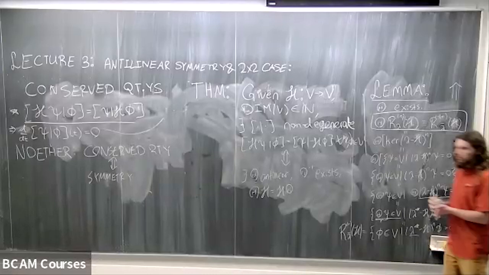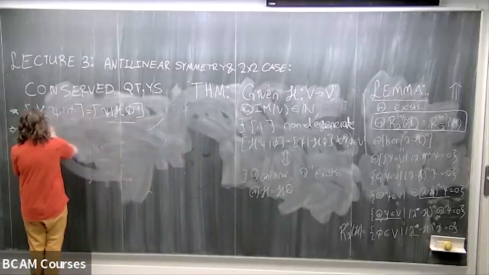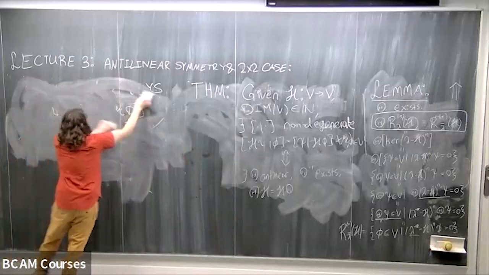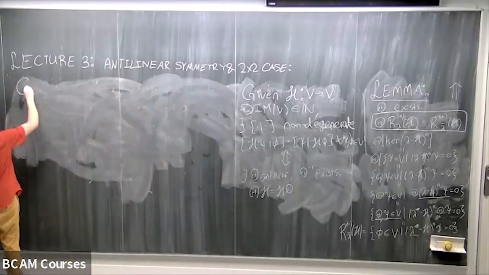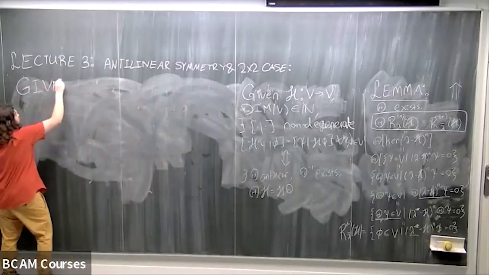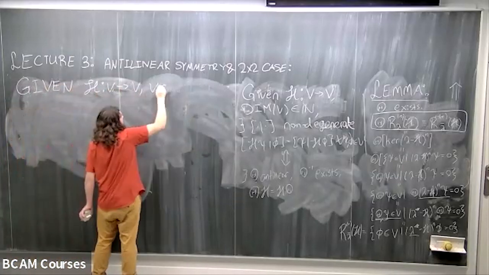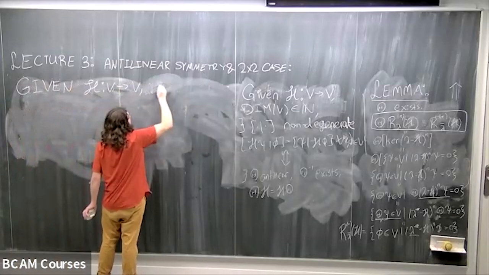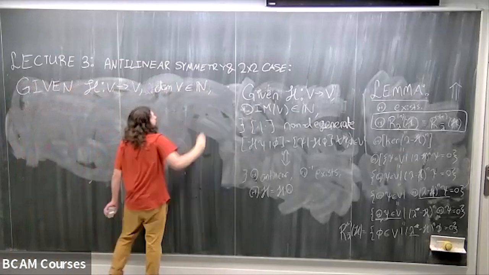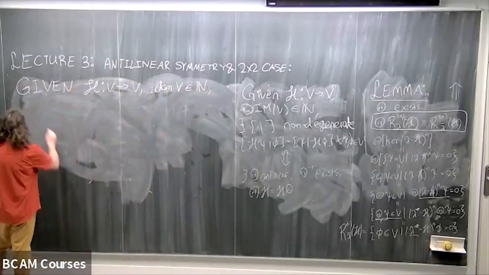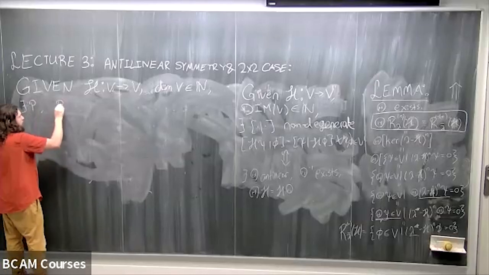So, as a reminder, given some matrix, there exists another matrix which is invertible.